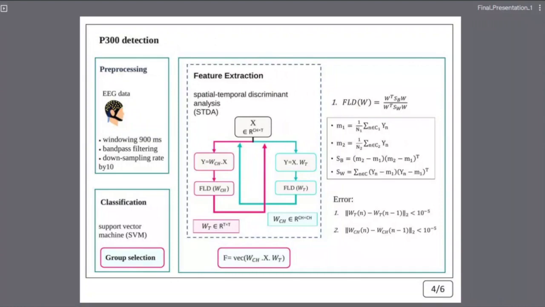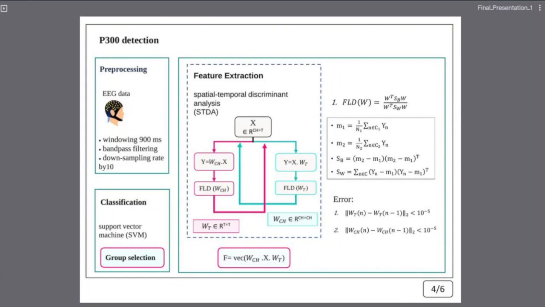In the feature extraction step, due to the various responses of different subjects to the same P300 based paradigm, the P300 signal requires a robust technique to be more applicable for all subjects. The Fisher linear discriminant analysis is widely used to find the projection matrix W that maximizes class separability.